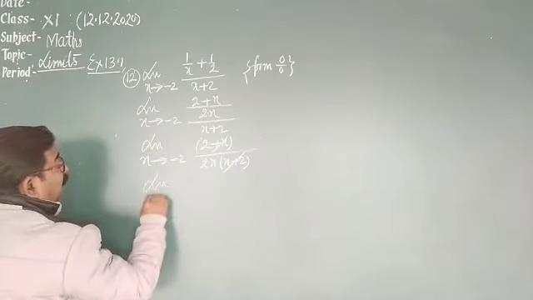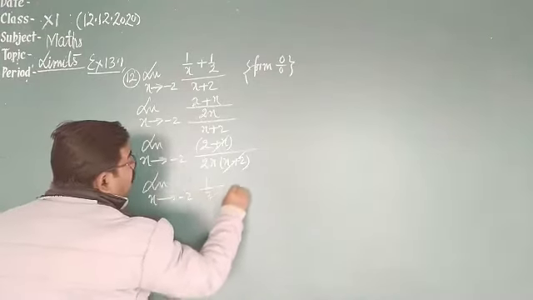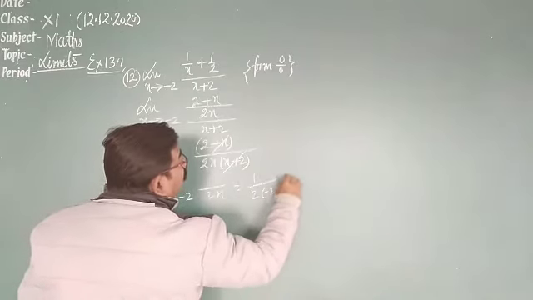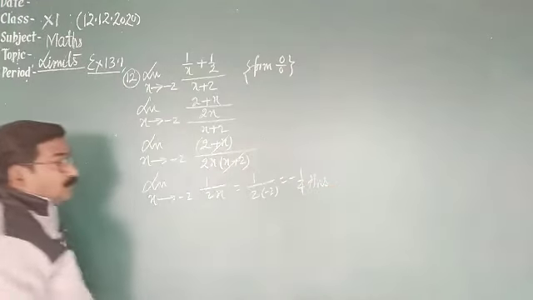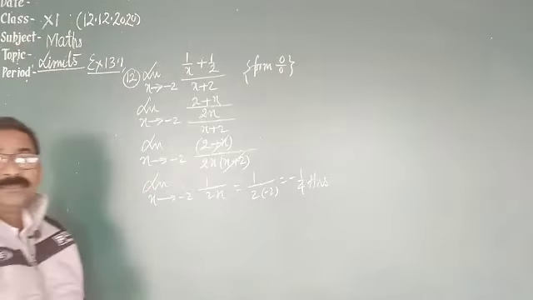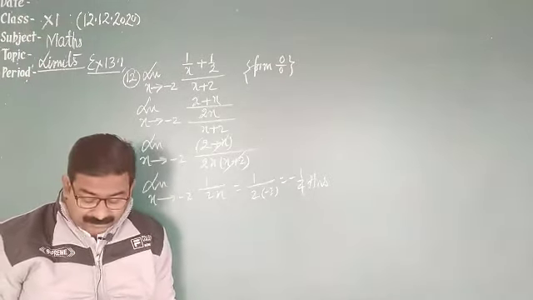We have limit x tends to minus 2, 1 upon 2x, or this is 1 upon 2 into minus 2. Answer is minus 1 upon 4. Got it? Very simple question.